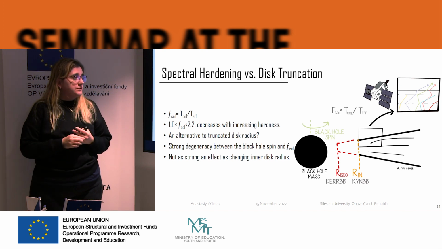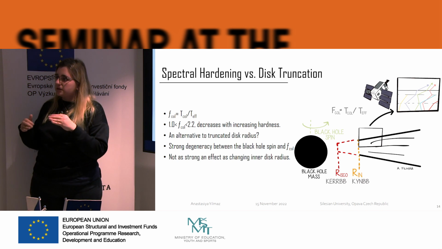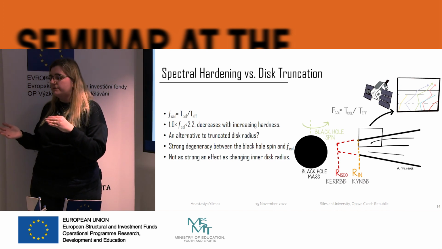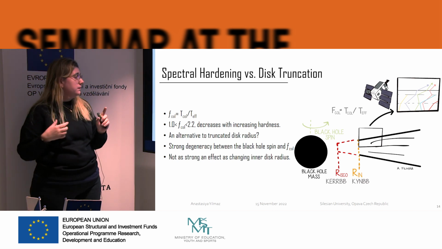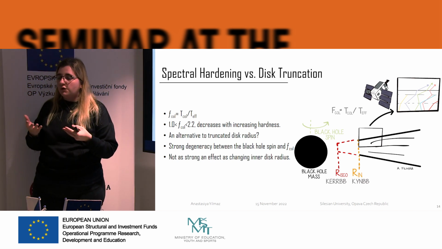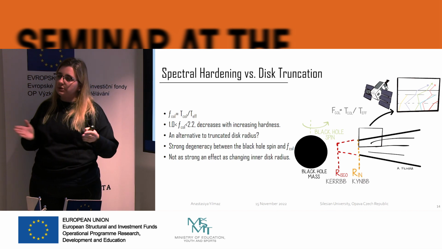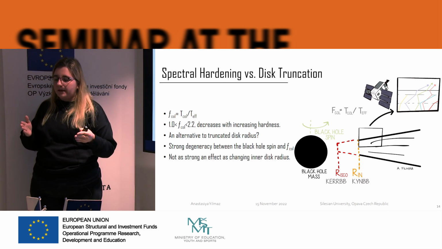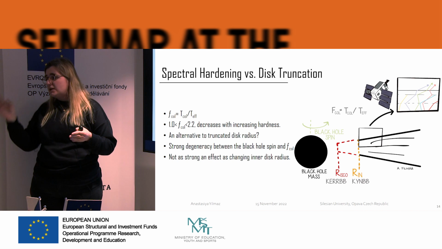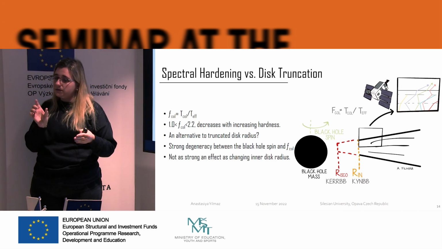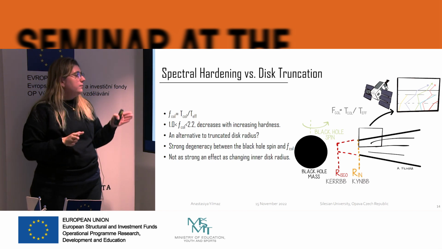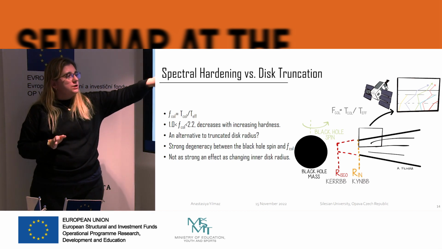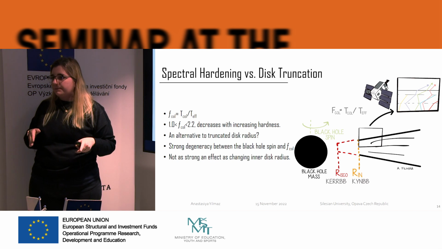One thing people suggested was that this color correction factor can actually be replaced by the truncated disk radius. So if you are seeing an evolution in the disk temperature, people actually think that instead of the inner disk radius changing, the disk is always there, always extending to the ISCO, and the thing that is changing is the accretion disk atmosphere.